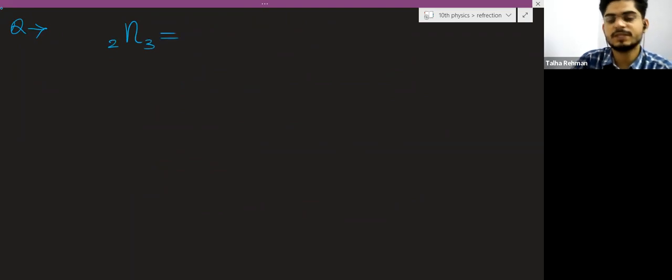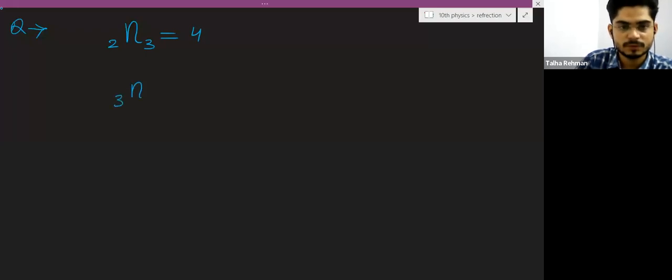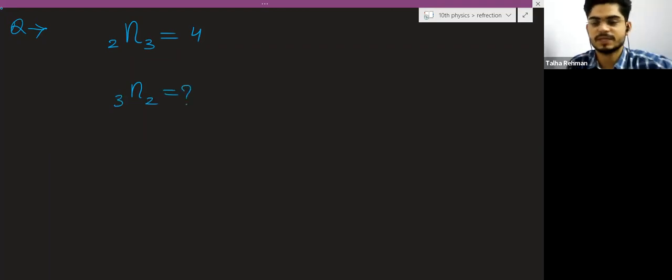This is called the refractive index of medium 3 with respect to medium 2, and this is given as suppose 4. And we have to find the refractive index of this. So just tell me the answer in 30 seconds.